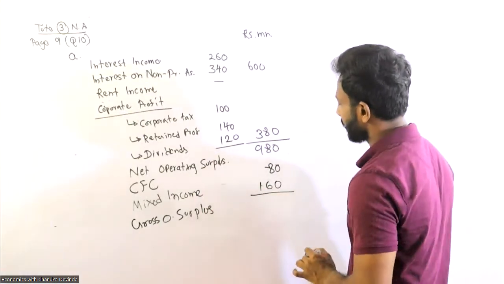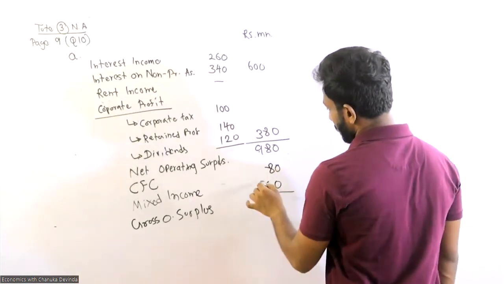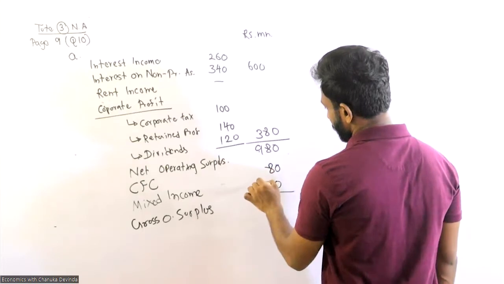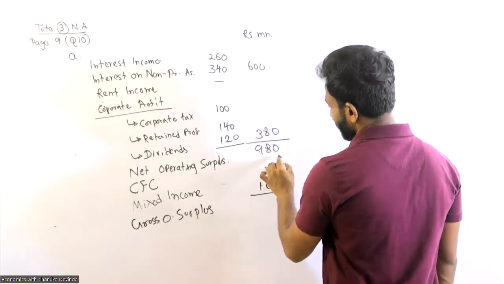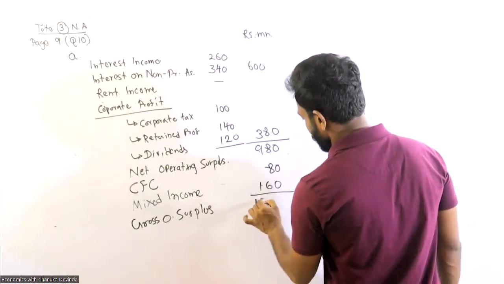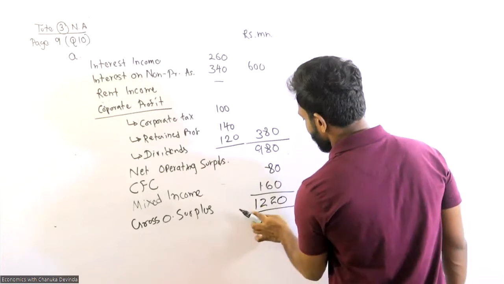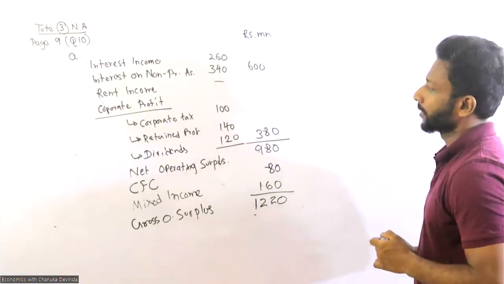When we add all together, 980 plus 80 plus 160, 1220. It is the gross operating surplus, right?